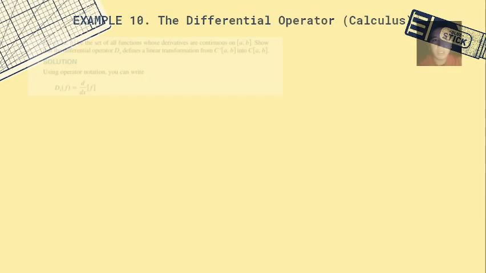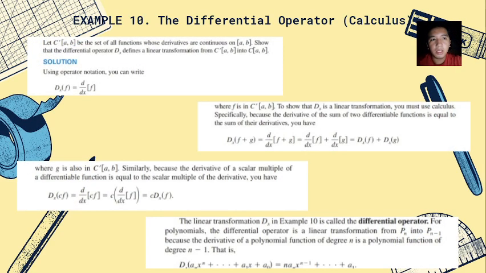For this example, let C'[a, b] be the set of all functions whose derivatives are continuous on [a, b]. Show that the differential operator D defines a linear transformation from C'[a, b] into C[a, b]. Using operator notation, you can write D(f) = d/dx[f], where f is in C'[a, b].